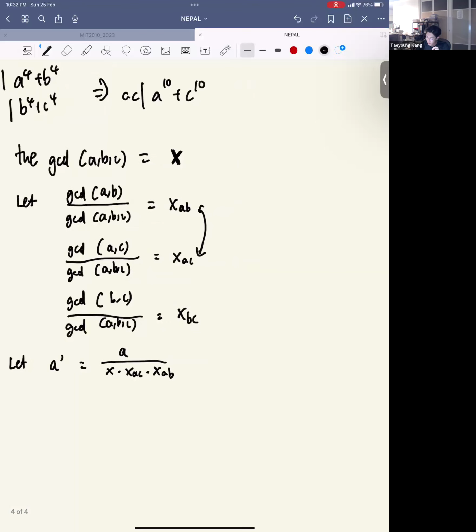Because suppose the GCD of XAB and XAC is not 1, like there's some divisor D that divides the greatest common factor of this, which means that D divides the GCD of ABC, correct?